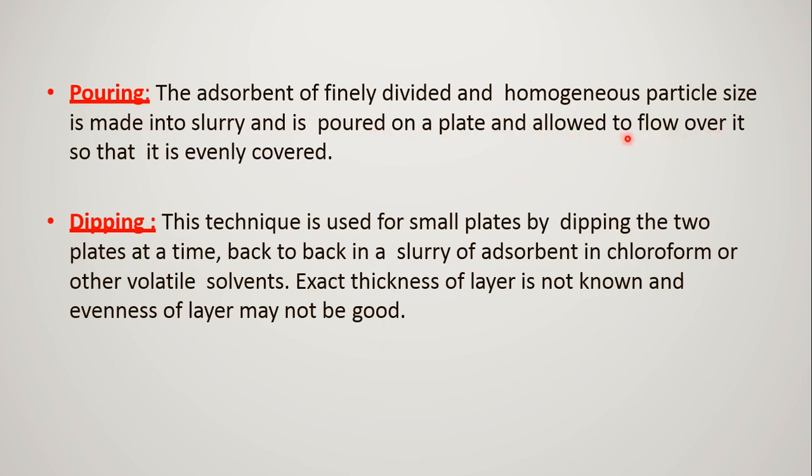After pouring it is allowed to flow, then it evenly covers this substrate on one side. So this is the simple pouring technique of this slurry over this plate. So we may get a uniform or very good layer of adsorbent over these plates. So this is the first technique.